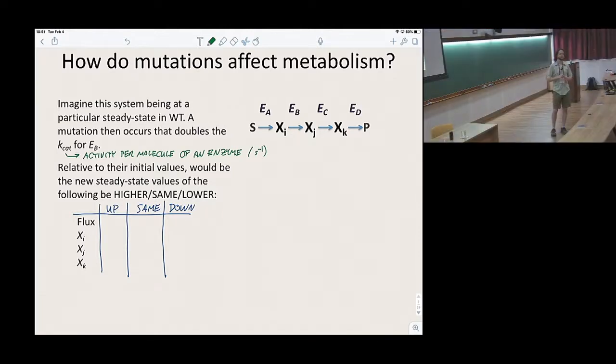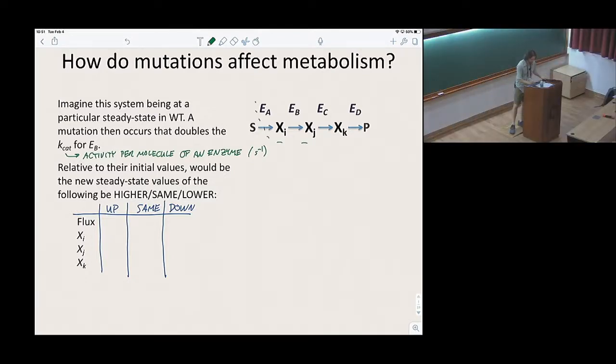All right. Yes? Oh, yeah. It does not matter what the concentration of S is for this question. However, there is a detail that I was going to get to in just a minute, but I was worried it'd be a little too complicated for here. Imagine that as being like the pathway.